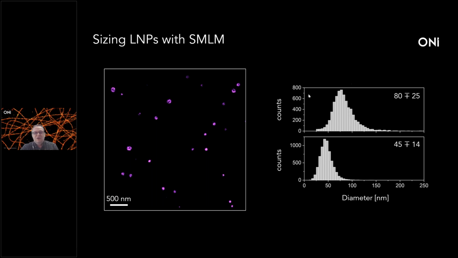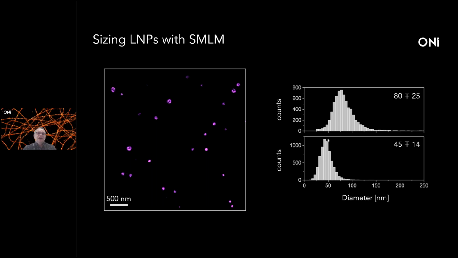For example, on the top, this is sample 1, where the LNPs have a distribution peaking around 80 nanometers. The size of these lipid nanoparticles in this subset is approximately 80 nanometers plus minus 25 as a standard deviation. However, as I showed you, you can also get particles of smaller sizes.